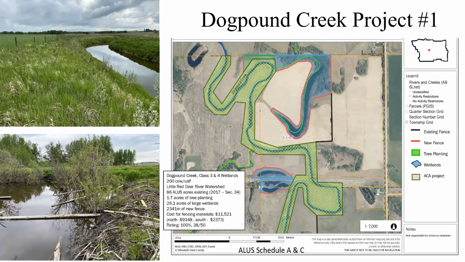These project sites are some that we've recently been involved with numerous partners, particularly Alternative Land Use Services, Mountain View County, and of course the ranchers. I'm not providing ranchers' names because we are allowed to share their project, but we aren't sharing their names.